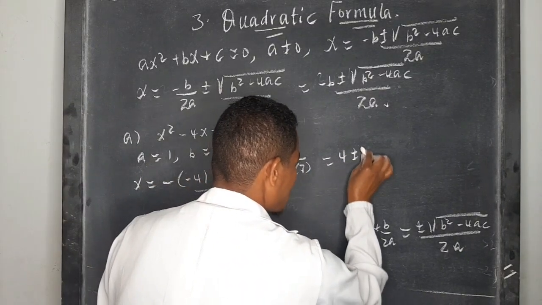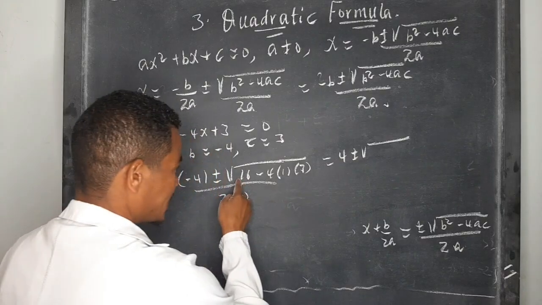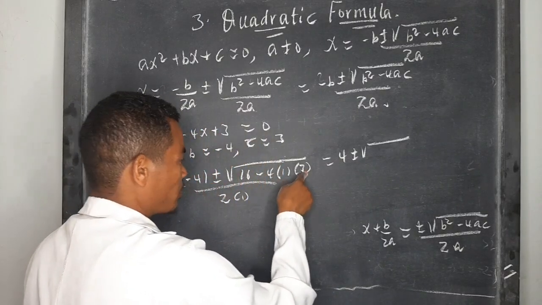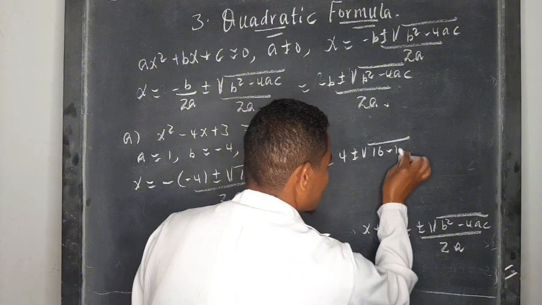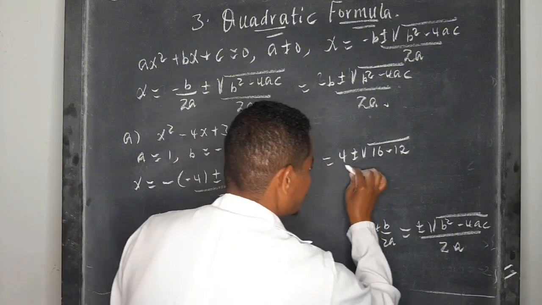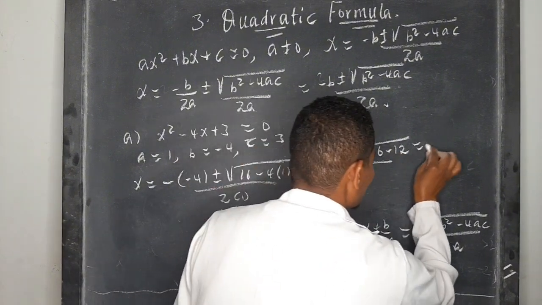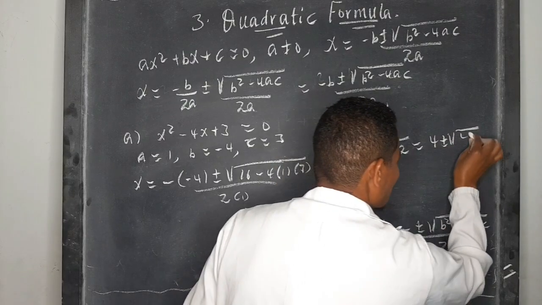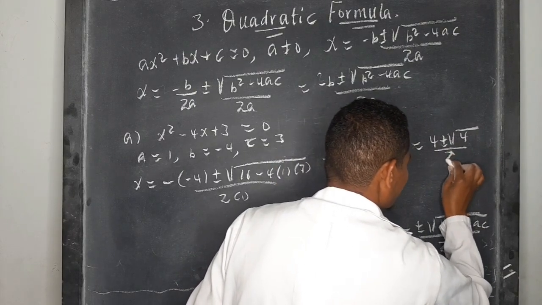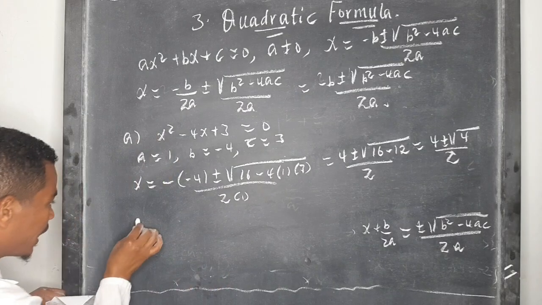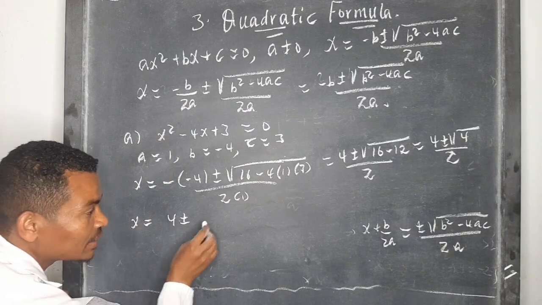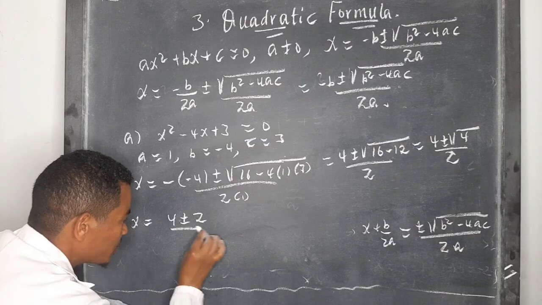This is equal to minus times minus is plus 4, plus or minus the square root of 16 minus 12, because 4 times 1 times 3 is 12, over 2. So 16 minus 12 is 4. Then x is equal to 4 plus or minus square root of 4, which is 2, over 2.